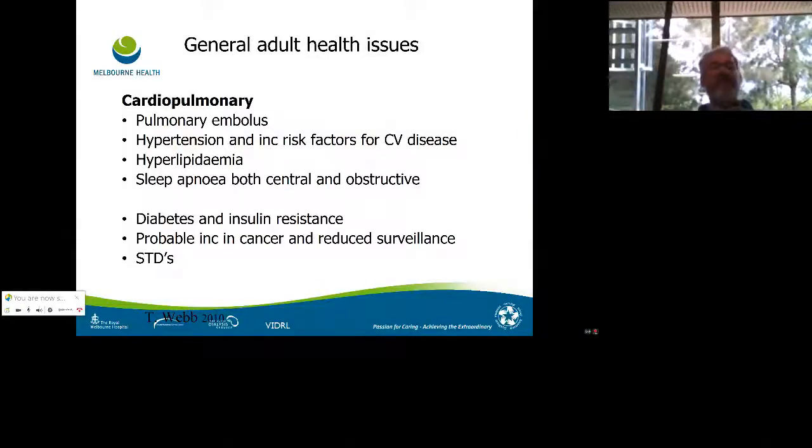And don't forget about sleep apnea, both central and obstructive sleep apnea, especially associated with obesity. Obviously, there's an increased risk of diabetes and insulin resistance, increased risk in cancer, especially in bladder augmentation, and one would wonder, given their risk behaviours, an increase in STDs.